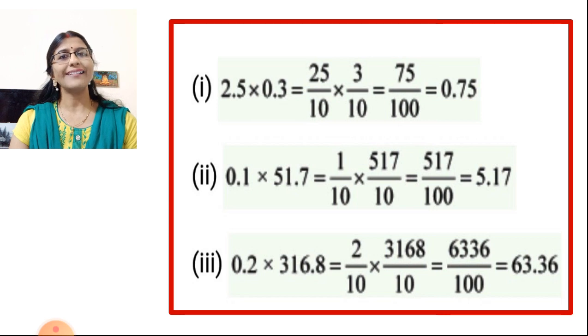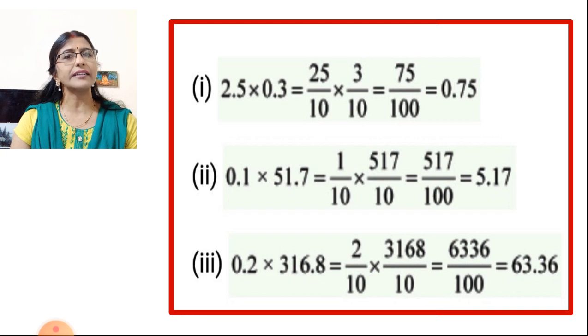So let us do that. 2.5 multiplied by 0.3 you can write as, just now we have learned, 2.5 we have to multiply by 10. Both numerator and denominator will be multiplied by 10. So you will get 25 upon 10. And the same way 0.3 also we will convert into a fraction as there is one decimal place. So we'll multiply both numerator and denominator by 10. So we'll get 3 upon 10.